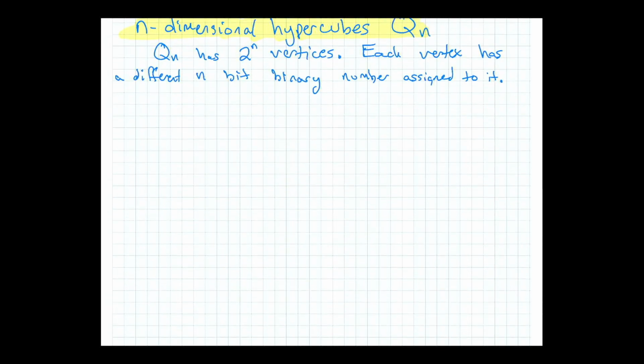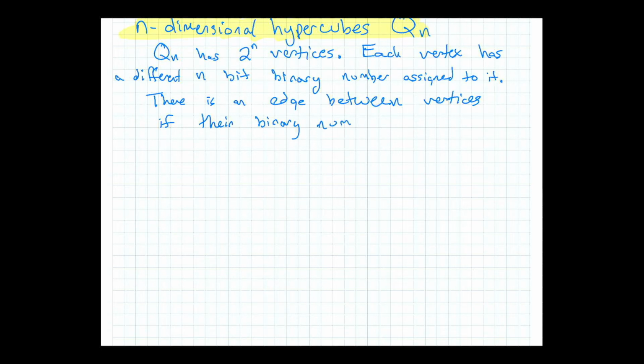And then the edges: between vertices, there is an edge if their binary numbers differ in exactly one place. All right, that's the definition.